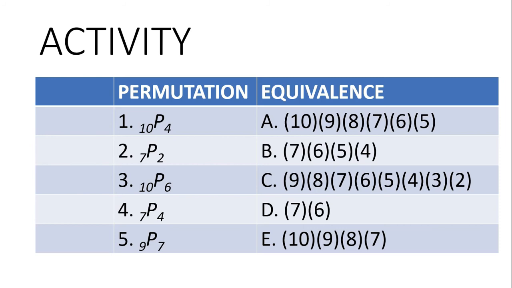Let's now have the answers. Number 1, permutation of 10 taken 4 corresponds to letter E, that is 10 times 9 times 8 times 7. Number 2, permutation of 7 taken 2 corresponds to letter D, that is 7 times 6.